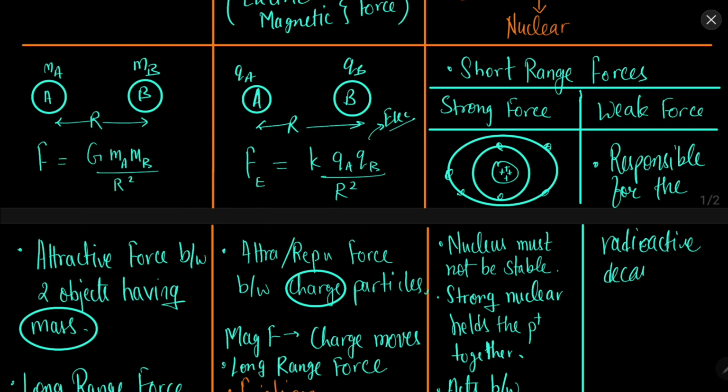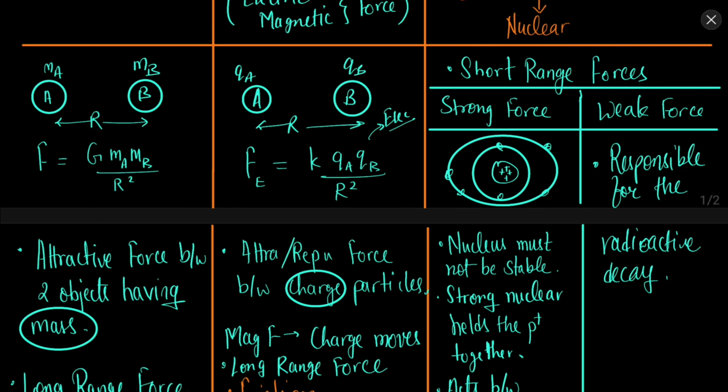When we have huge atoms, a big nucleus, then they become very unstable and they break into smaller nuclei. In that process some alpha, beta and gamma rays are emitted so that the atom becomes stable. So the alpha, beta and gamma rays, or the radioactivity, happens because of the weak nuclear force.